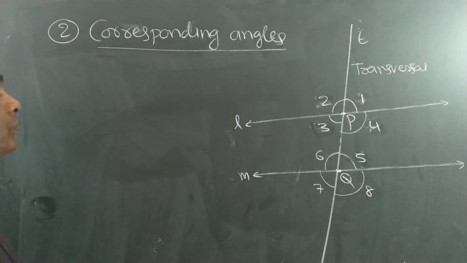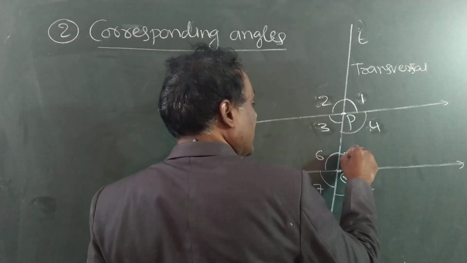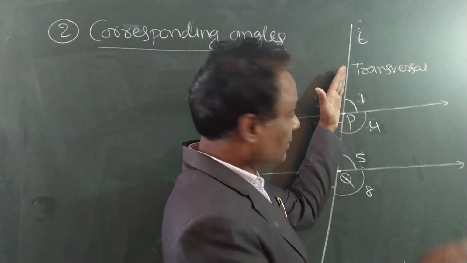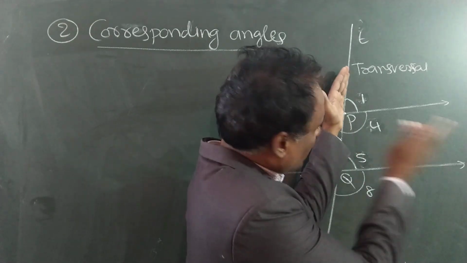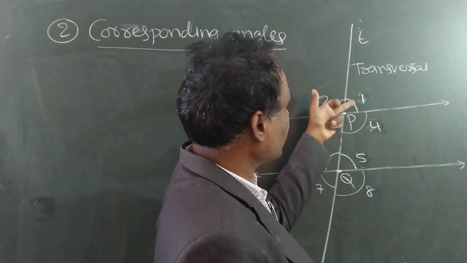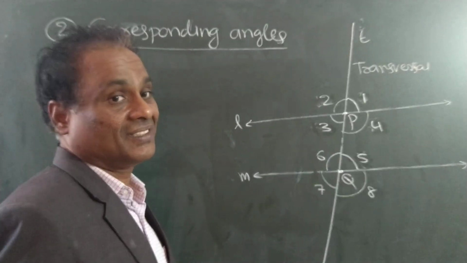Now, this 1 and 5, same side of the transversal. The angles same side of the transversal. One is exterior, the other is interior. So these are called corresponding angles. Write down.